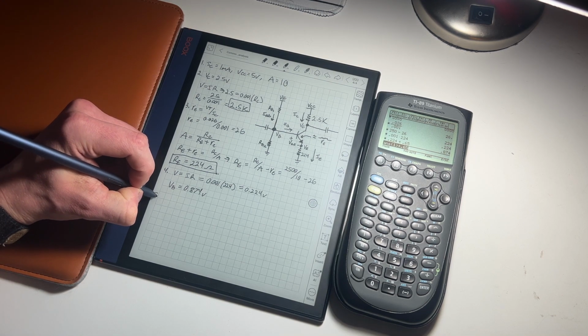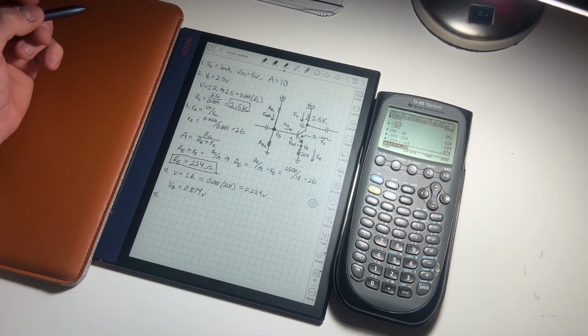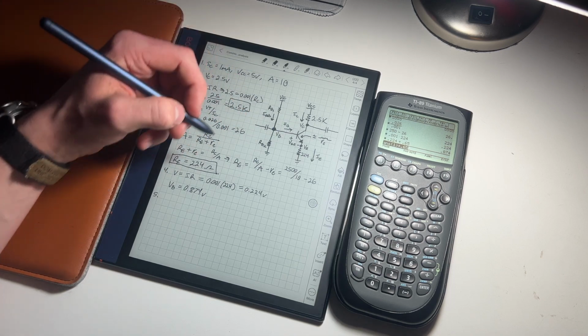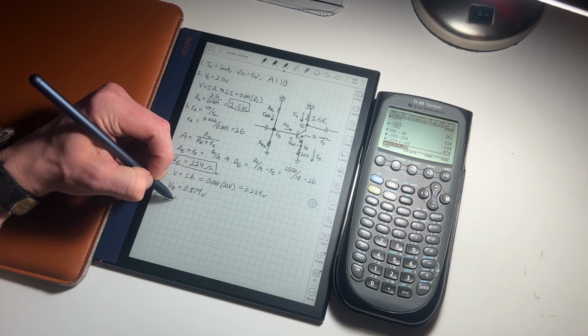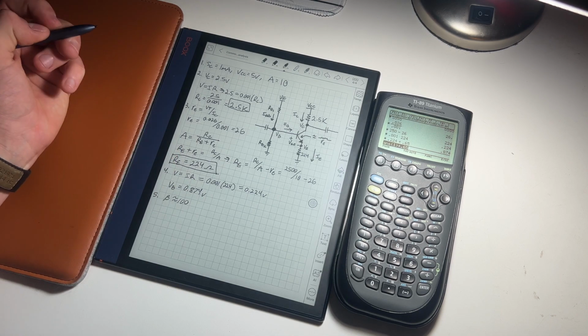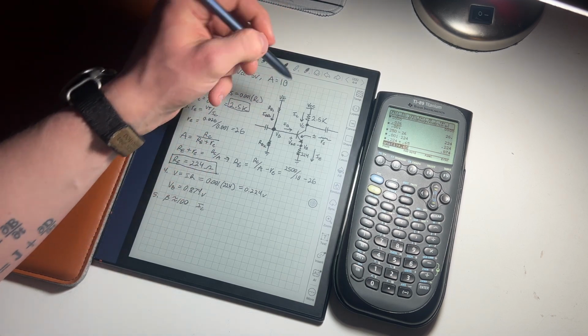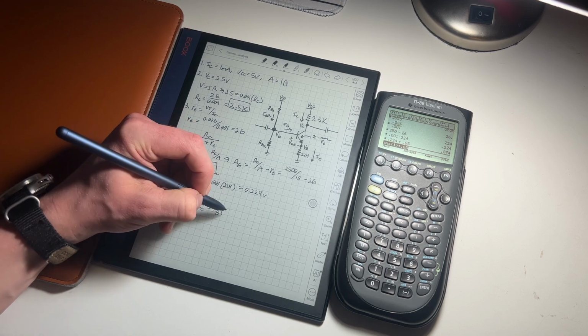Now, we need a little more information before we can actually start building this resistor divider. We need to find the actual base current flowing through here. For most transistors, you can assume that beta is around 100, like I said earlier. And we know that I sub C, the collector current, equals I sub B times beta.